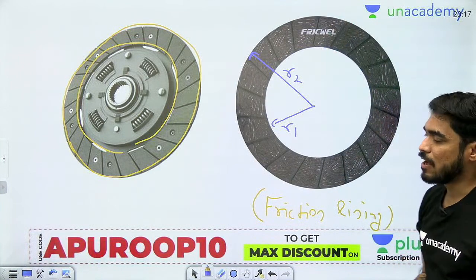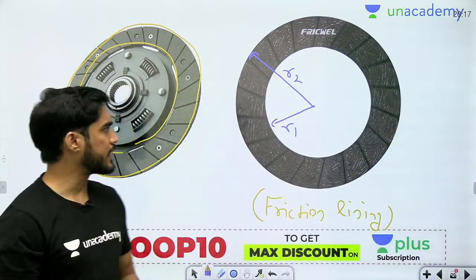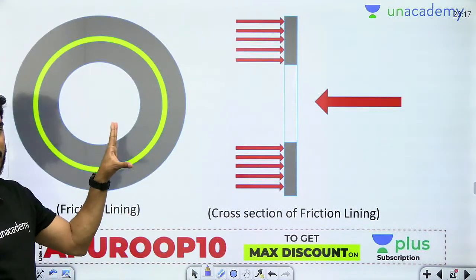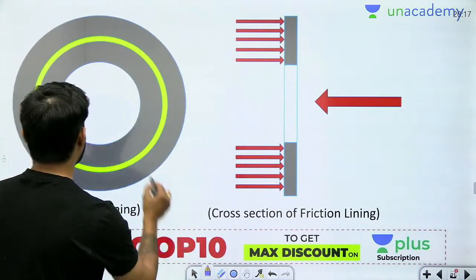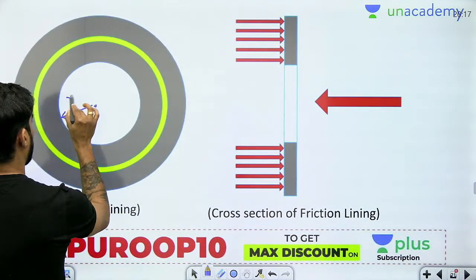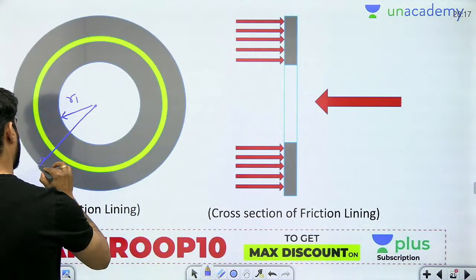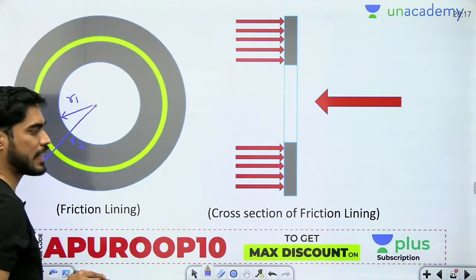Okay. Now, in order to find that relation, let's consider this friction lining. Let's say this is the center of the friction lining. This is the inner radius R1 and this is the outer radius R2.